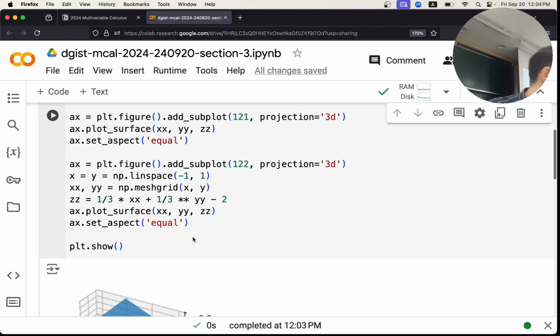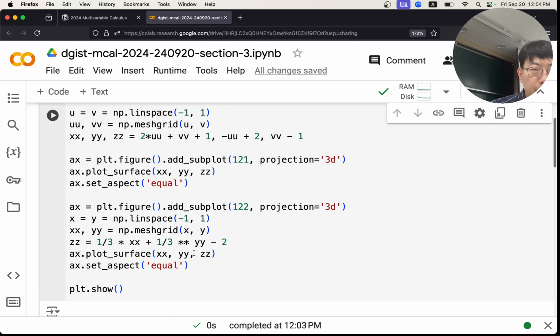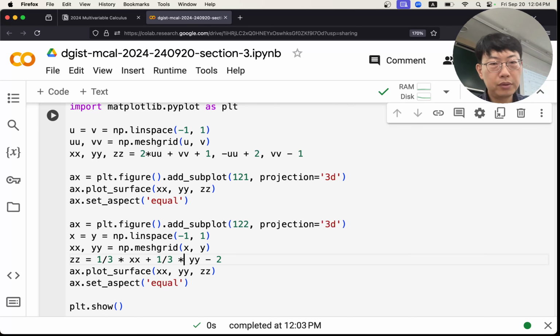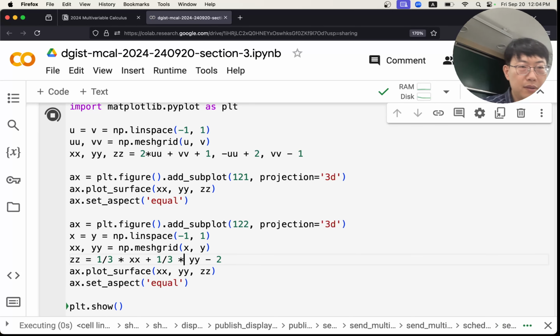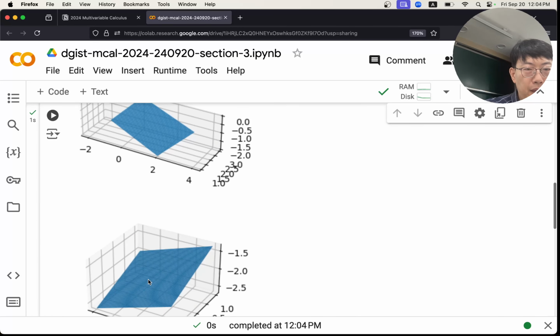That looks weird. Ah, okay. So you have a double asterisk. Okay, now you have a surface. Okay, plane.